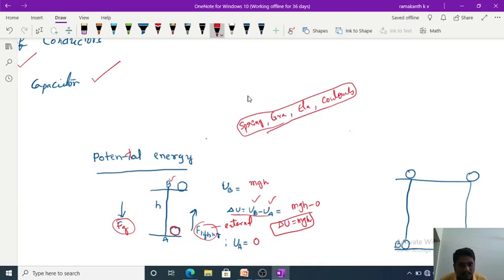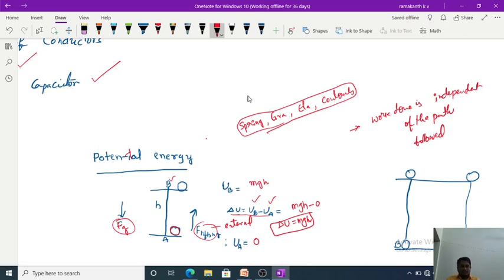And remember one more point here: work done is independent of the path followed. Whatever path you take, the total work done will be the same.